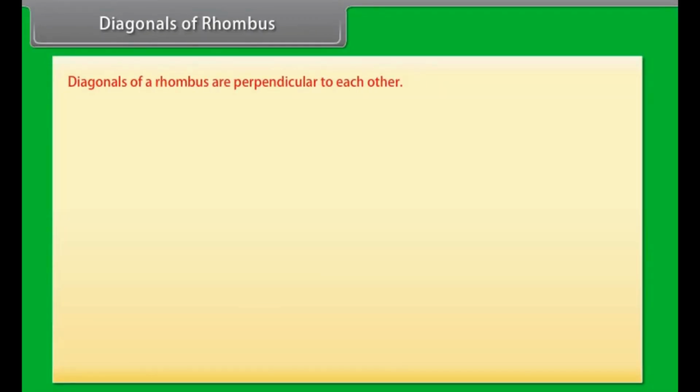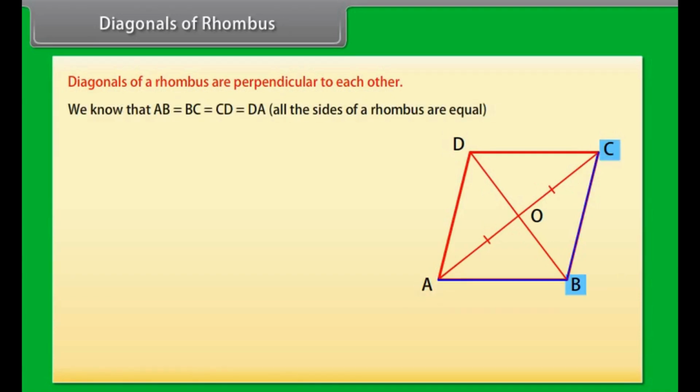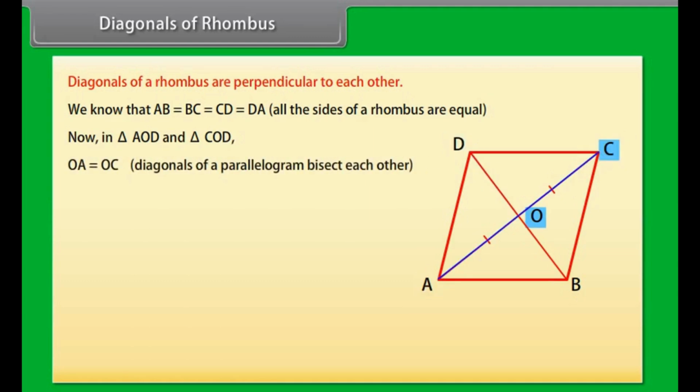Diagonals of rhombus. Let us now prove that the diagonals of a rhombus are perpendicular to each other. Consider the rhombus ABCD. We know that AB is equal to BC is equal to CD is equal to DA because all the sides of a rhombus are equal. Now, in triangle AOD and triangle COD, OA is equal to OC because the diagonals of a parallelogram bisect each other. OD is equal to OD, common. AD is equal to CD, sides of a rhombus.